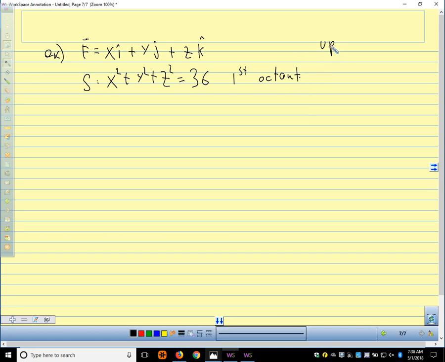And we want the upward flux of F through S.